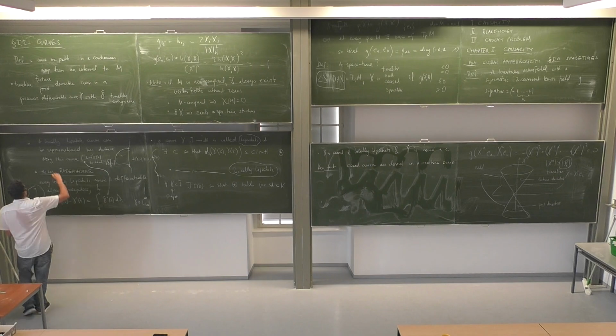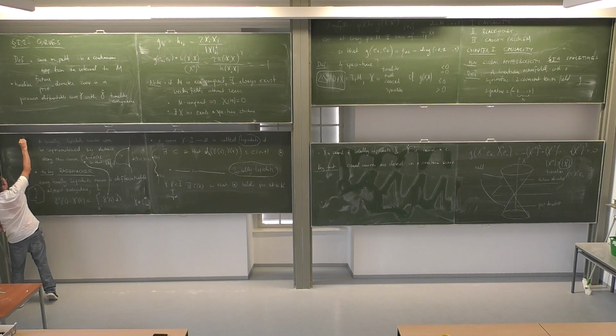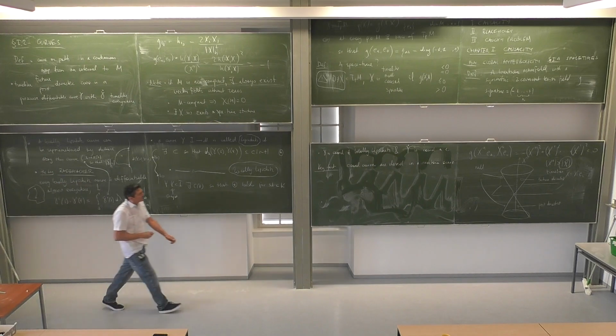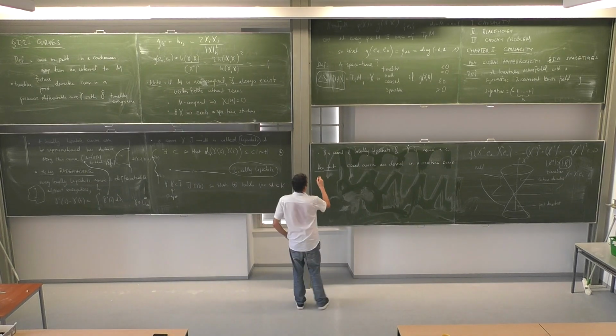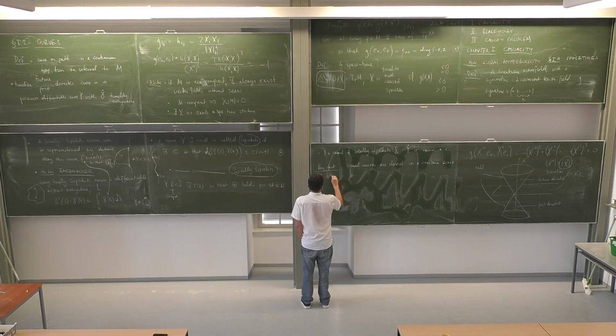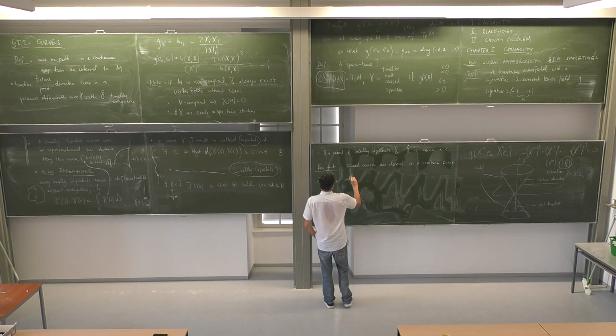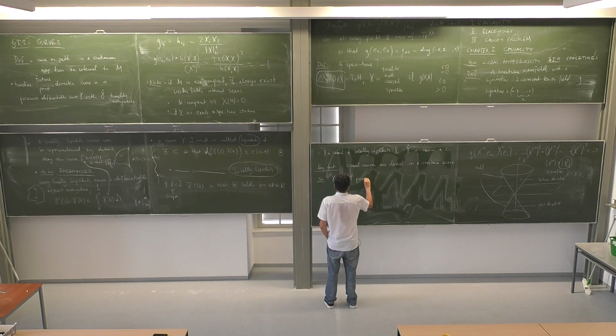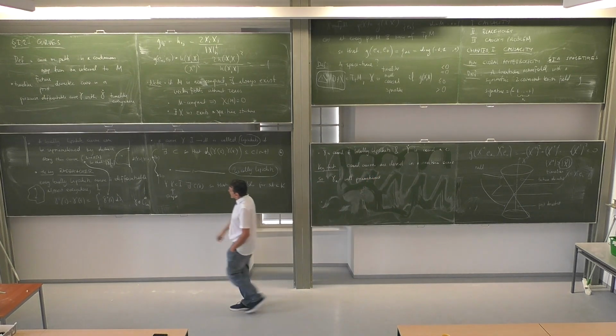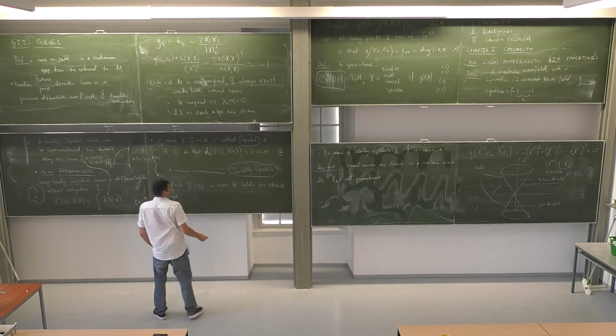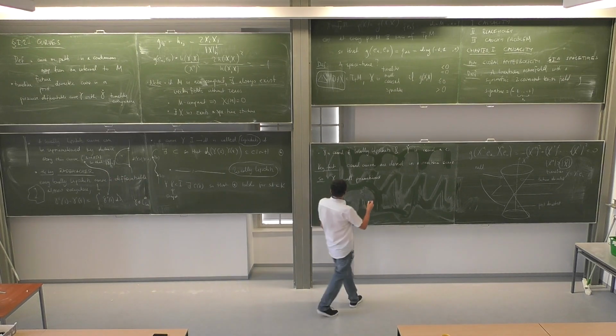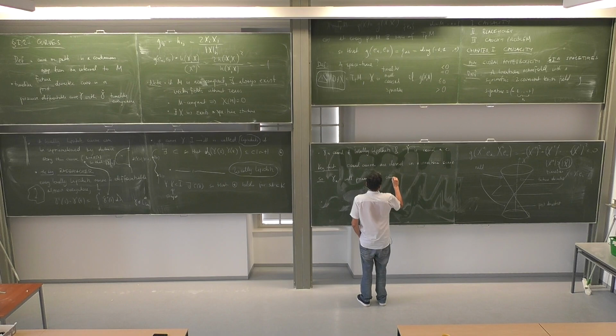So from now on, I'm going to assume that this is the parametrization I'm using, right? So you have a sequence gamma_n of well-parametrized future directed causal curves, and well-parametrized means that the length of the tangent is 1 wherever defined.